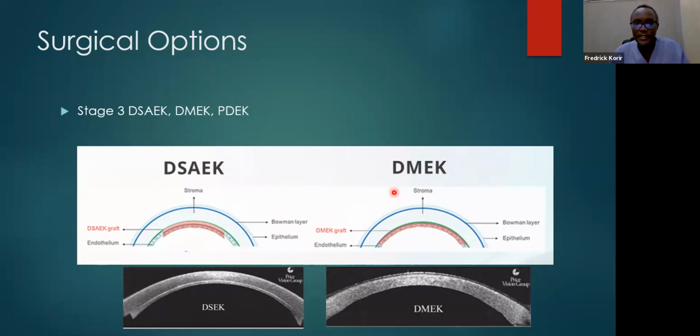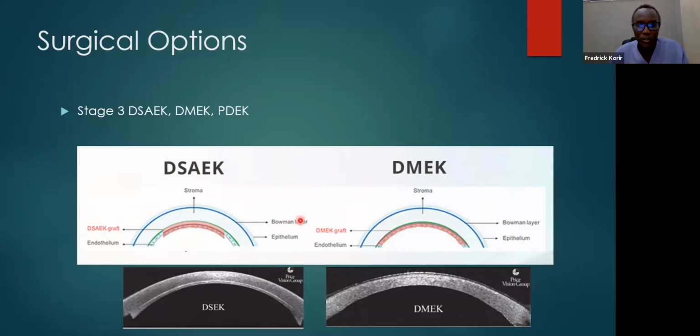The latest is DMEK. This is a very thin membrane, just the Descemet's membrane endothelial keratoplasty. With DSEK you have a little bit of stroma, but with DMEK it's just the Descemet's membrane alone. It is very thin and very difficult to handle, so I guess you have to be a very good DSEK surgeon to do a DMEK.